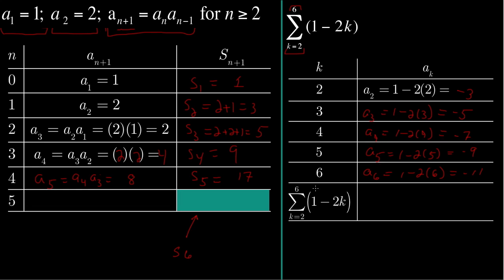So the sum of this quantity, when k is substituted from 2 up to 6, incrementing by 1 each time, is the sum of negative 3, negative 5, negative 7, negative 9, and negative 11, which happens to be negative 35. And when I get all done adding those up, I wind up with negative 35.